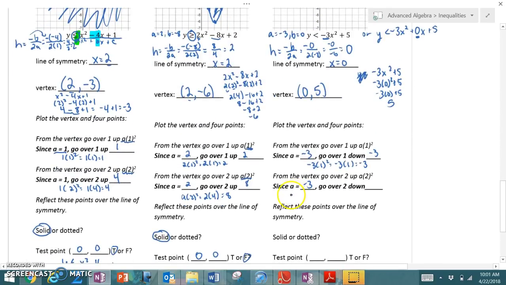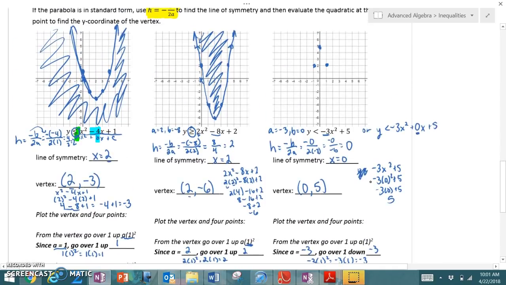And then I do a times 2 squared, so negative 3 times 2 squared. Negative 3 times 4, I get negative 12. Which means from this vertex, I'm going to go over 2, down 12. That's 5, go 7 more. Okay, so those are my 5 key points.